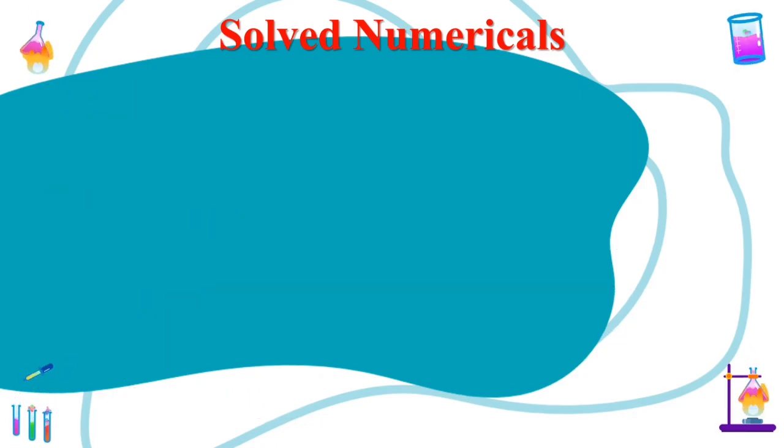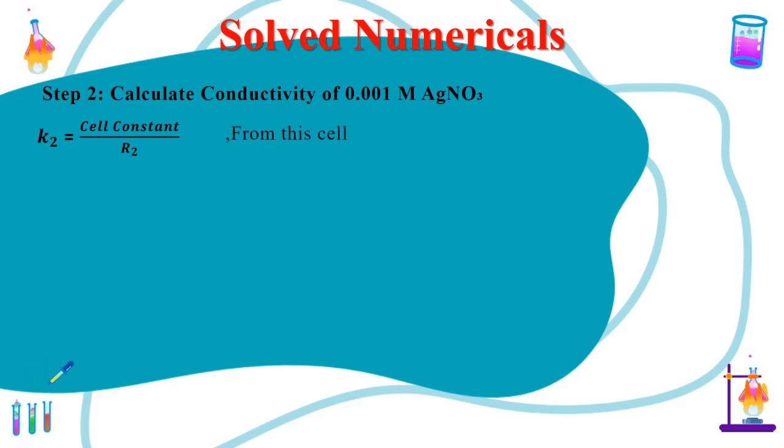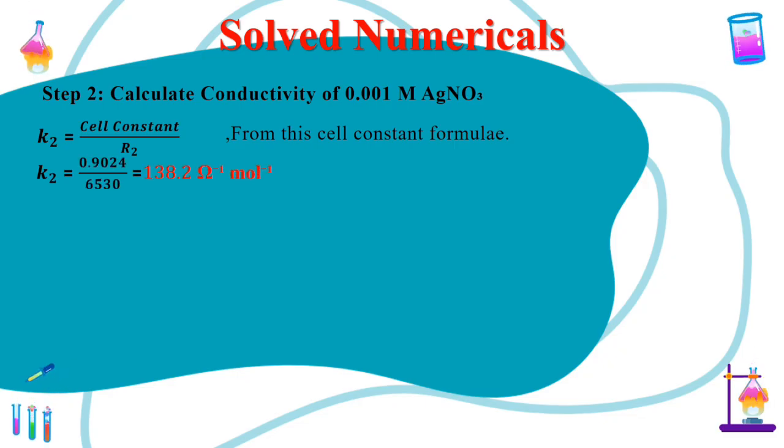Now we calculate the specific conductivity of silver nitrate solution. Using the cell constant formula, the specific conductivity of silver nitrate solution is calculated. By substituting the given values, the specific conductivity is obtained as 138.2 ohm inverse mole inverse.